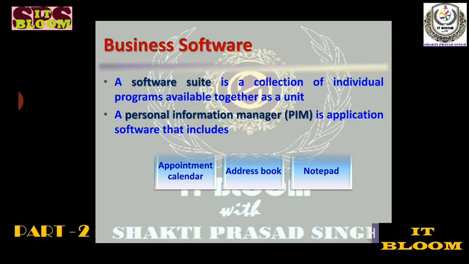The address book is where you maintain different addresses in the diary, and the same way you can use it in the software. In a personal diary you maintain particular notes or small bits of information, and you can use the notepad here with the software. This is application software also used in business.